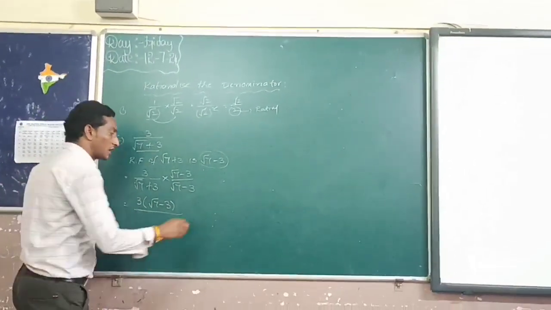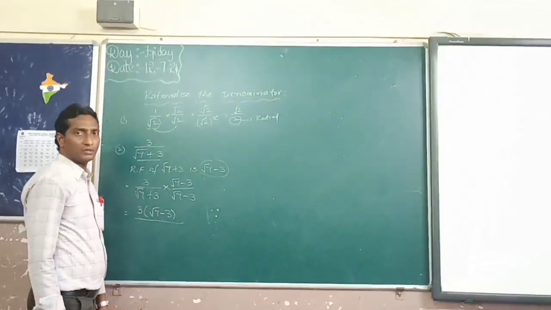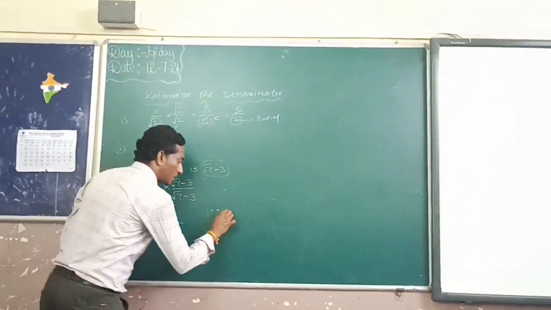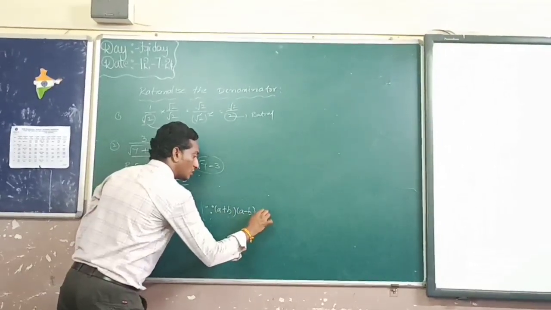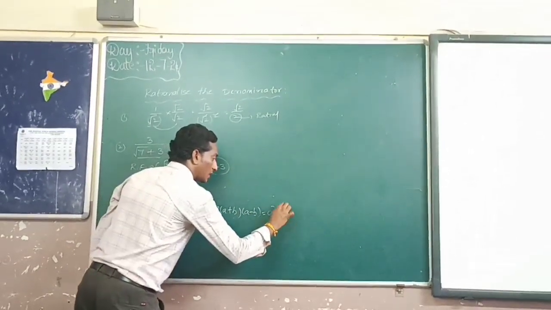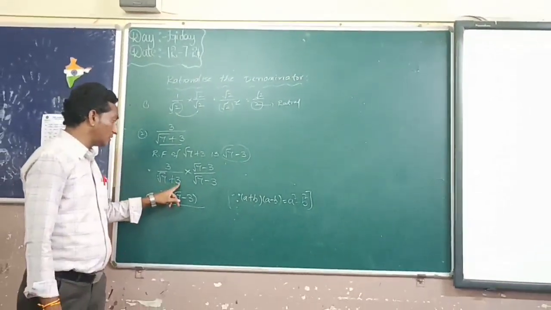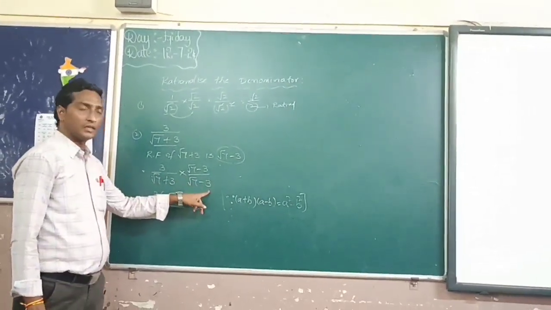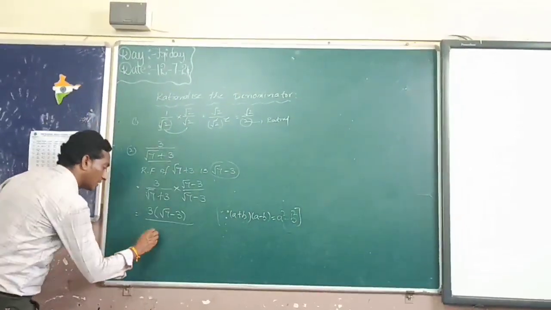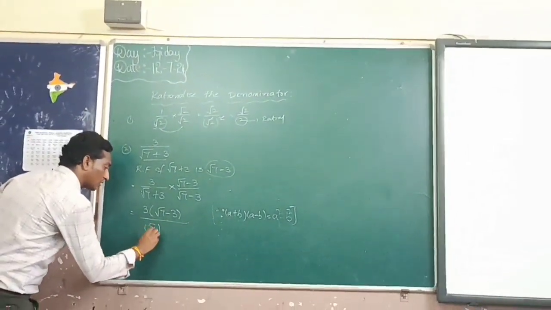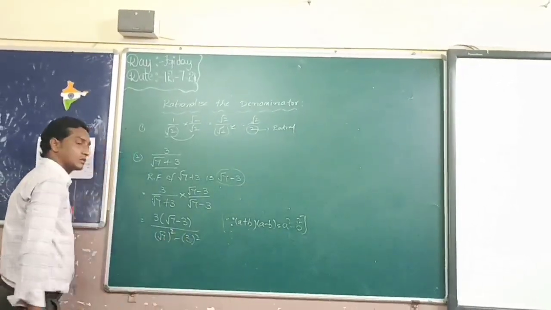Now we use one algebraic identity, that is, a plus b into a minus b is equal to a square minus b square. By using this identity, root 7 whole square minus 3 square.